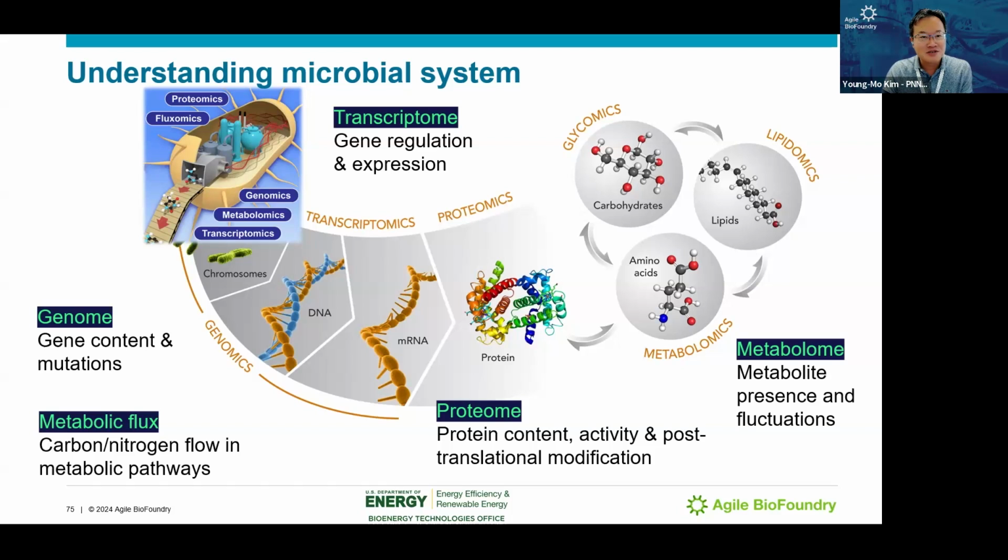We can measure them with many different types of analytical instruments, but what we have is mass spectrometry and many different chromatography methods. So we can measure their proteome and metabolome and some modifications of glycans or lipids. And with the help of computational modeling, we can calculate the metabolic flux, so we can capture how the carbon goes from the substrate to final products. So next slide, please.